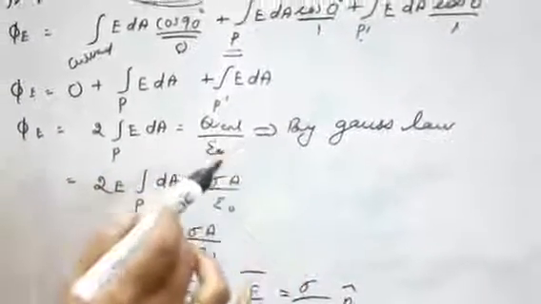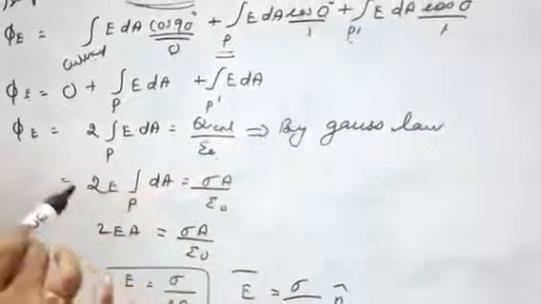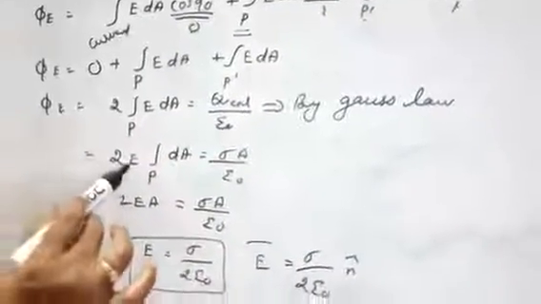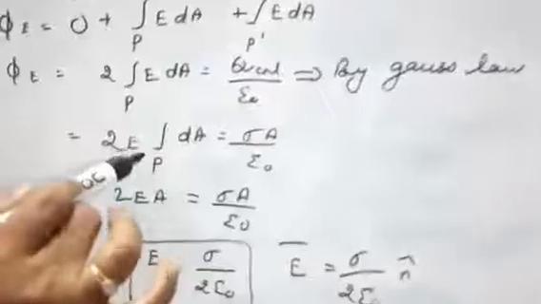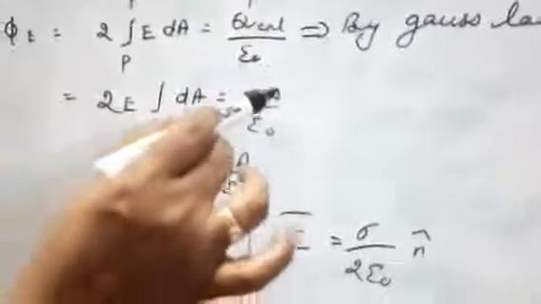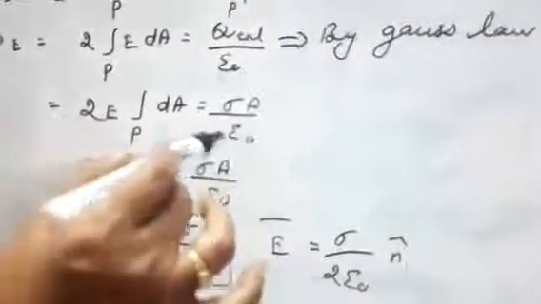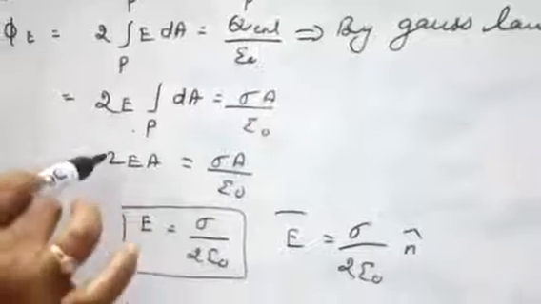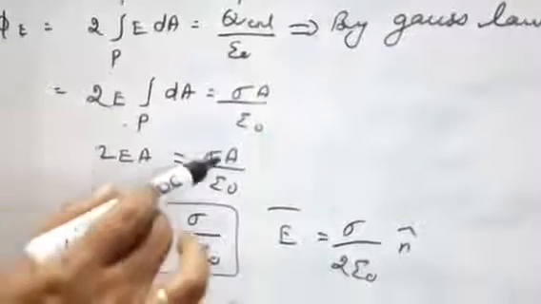The E value is constant, so taking 2E out, the integral of dA over P is equal to the surface charge density sigma times A, by epsilon naught.